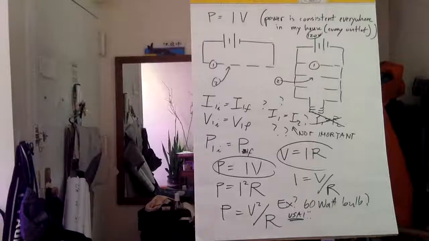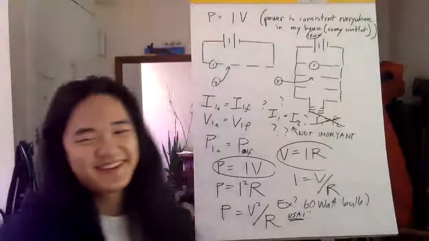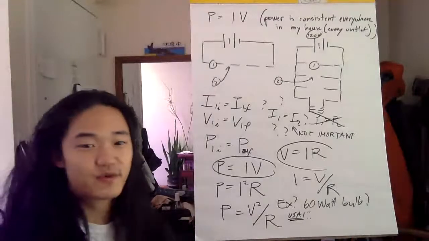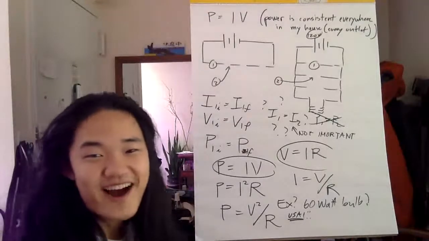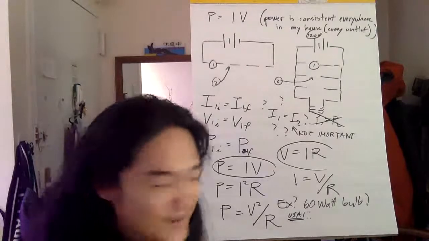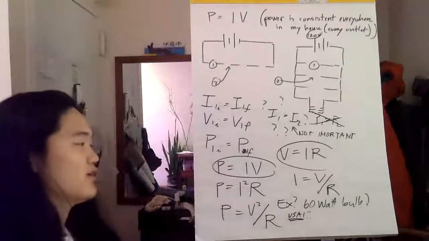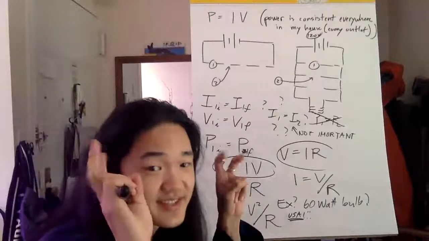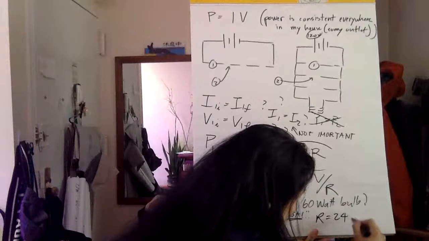What, he's making us do calculations like real class? You betcha. It's 240 ohms, right? Wow, you guys all did it at the same time. That's incredible. All 5 of you, right? Yeah, so an American 60-watt bulb has a resistance of around 240 ohms.